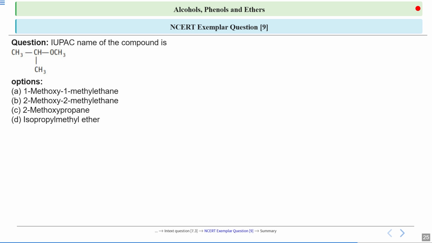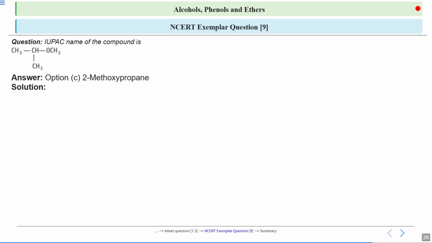The options are 1-methoxy 1-methyl ethane, 2-methoxy 2-methyl ethane, 2-methoxy propane, or isopropyl methyl ether.